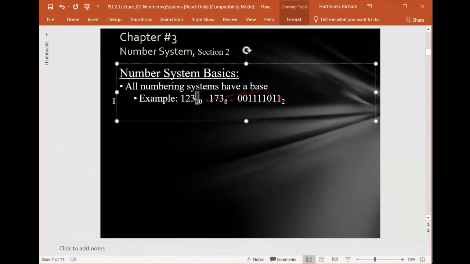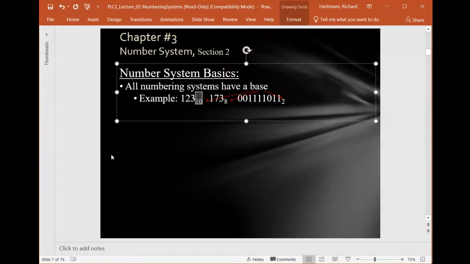All right, so as I mentioned about these subscripts here, we like to put subscripts when we're writing the number because it tells us what base it is. And that's all fine and dandy. The only thing is that when we are doing a lot of programming, we can't enter subscripts.